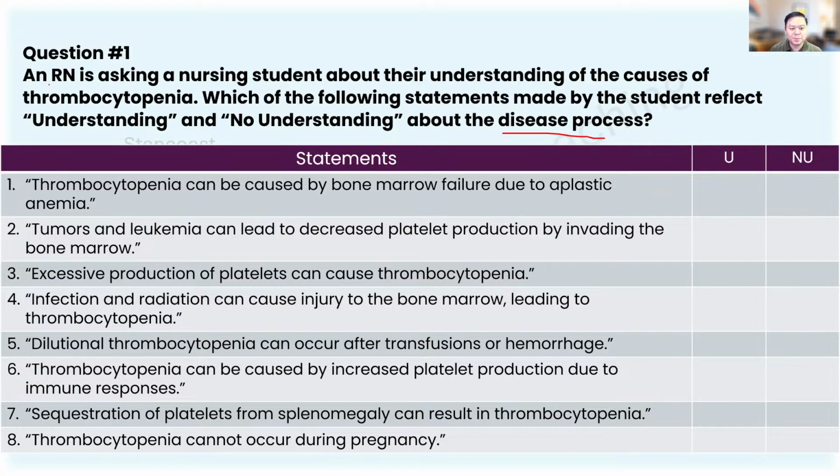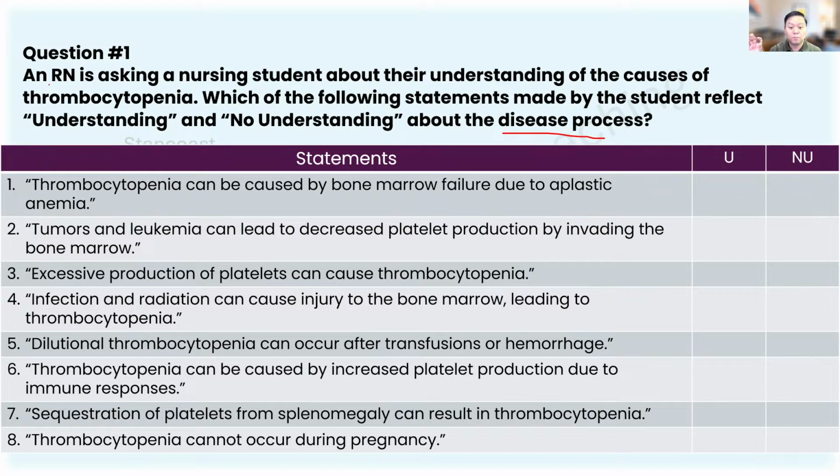Well, the explanation about that is that aplastic anemia is a condition where the bone marrow will fail to produce enough blood cells, including the platelets. So bone marrow failure basically refers to aplastic anemia, and it will eventually decrease the platelet count.